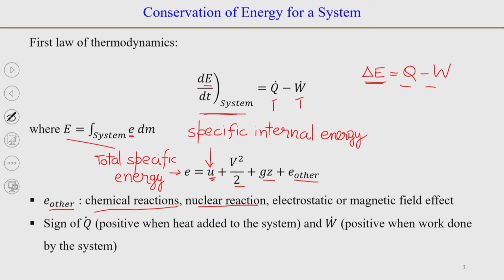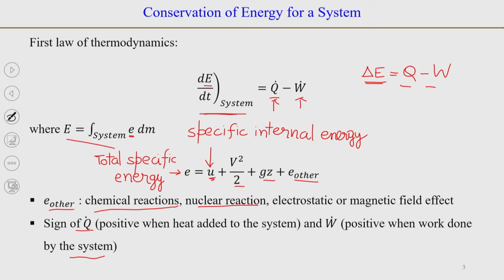Now, the sign convention that we follow here: Q dot is the heat provided to the system, so it will be positive if heat is being given to the system. W dot, which is the work done by the system, is positive when work is being done by the system. If work is being done on the system, then W dot will be negative.